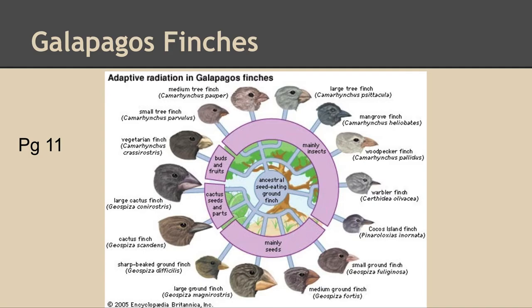But they all have very different beaks. And they're all different sizes too, but we're going to focus on the beaks here. Each of those different shapes of beaks corresponds with a different type of food that the birds eat. You can see that a lot of the ones that eat seeds have these big cracking jaws, whereas the ones that eat insects have ones that are narrower and better for picking stuff out, while the ones that eat fruits and cactuses are more for carving.